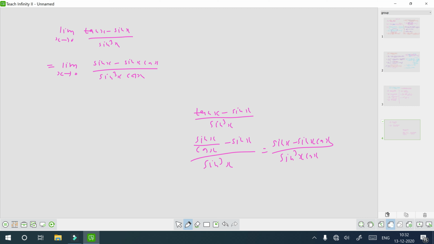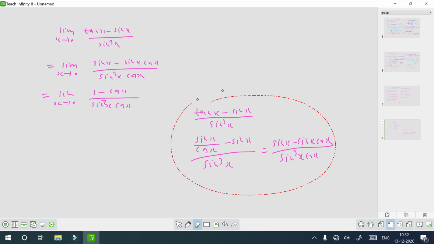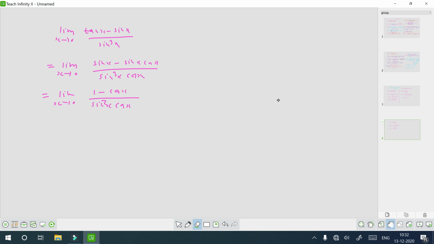Yes, clear. Now take sin x common from the numerator and cancel with the denominator quantity. 1 minus cos x over sin square x into cos x. Whenever there is 1 minus cos, rationalize it. What you get is the limit x tends to 0, 1 minus cos square x over sin square x into cos x into 1 plus cos x.